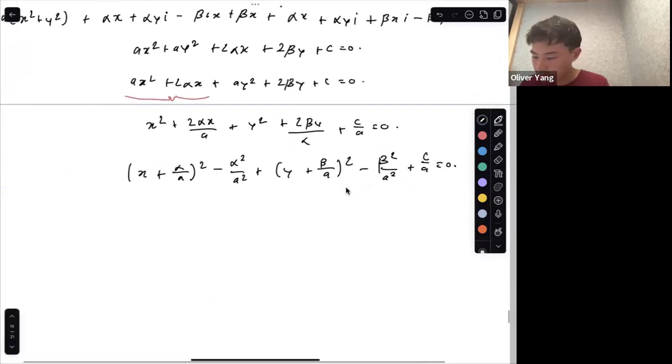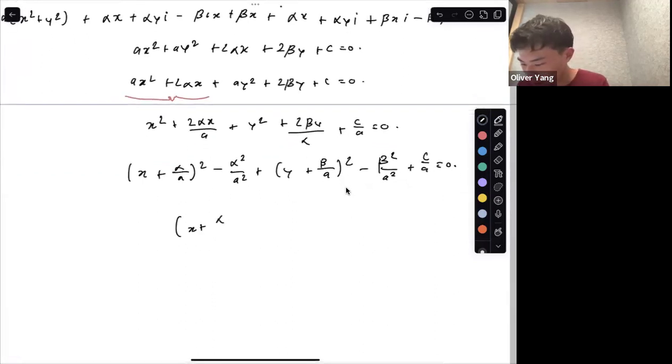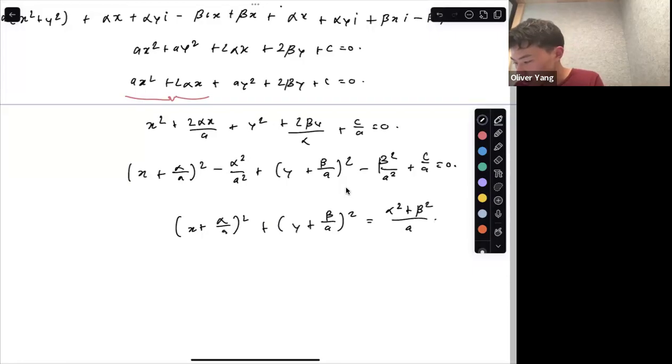And then you get our circle: (x plus alpha over a) squared plus (y plus beta over a) squared equals (alpha squared plus beta squared) over a squared minus c over a.